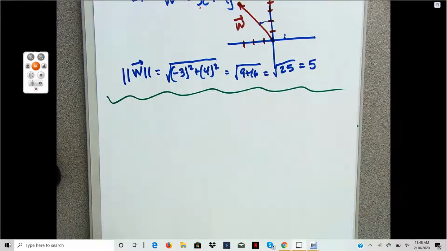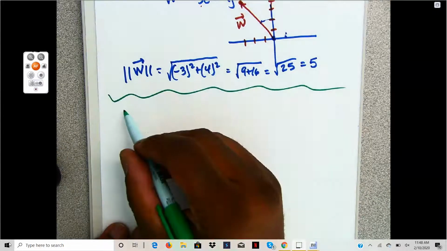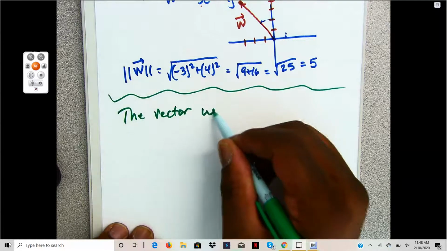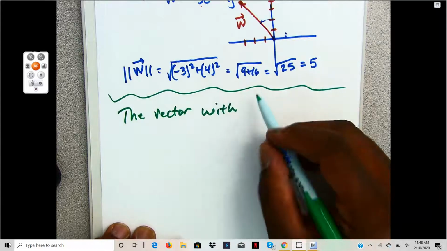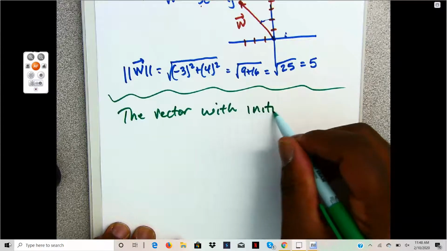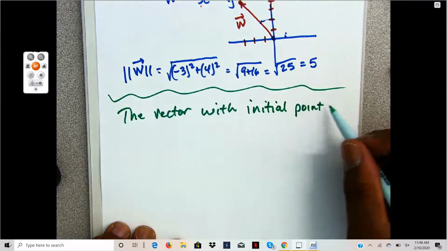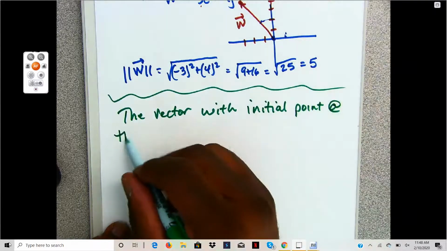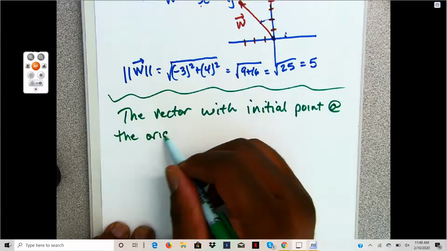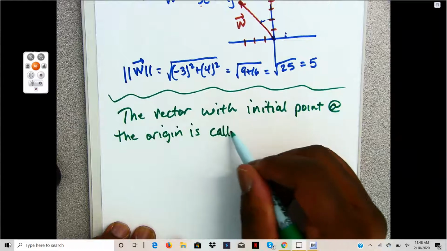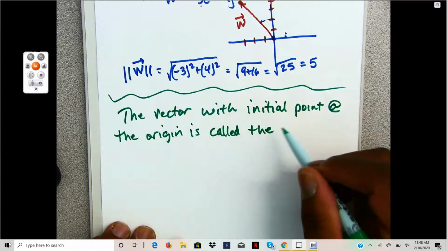All right, so a vector with the initial point at the origin is called the position vector.